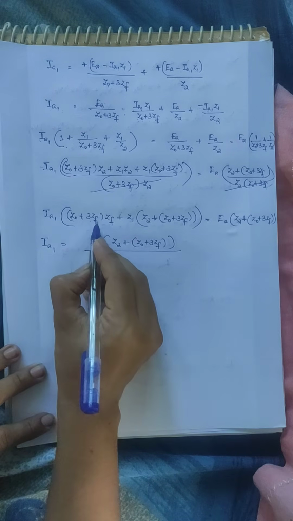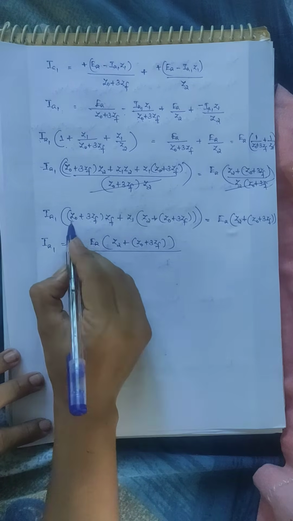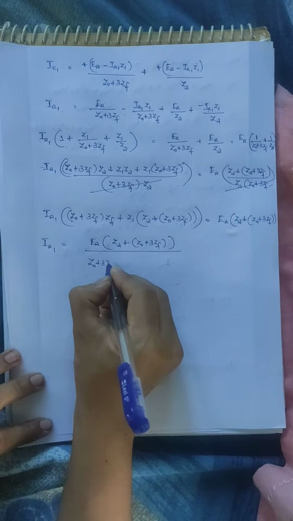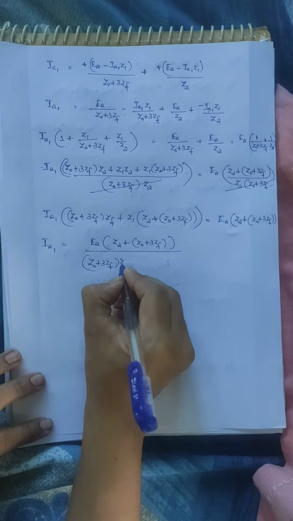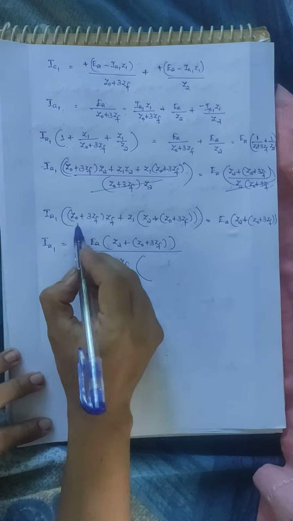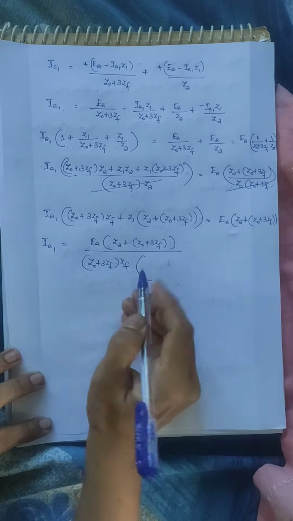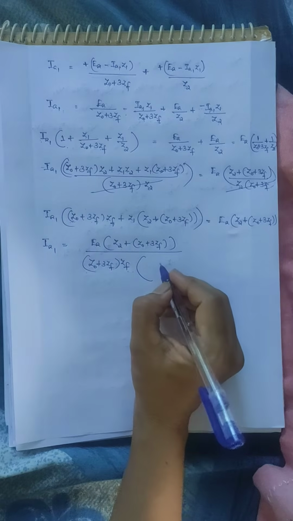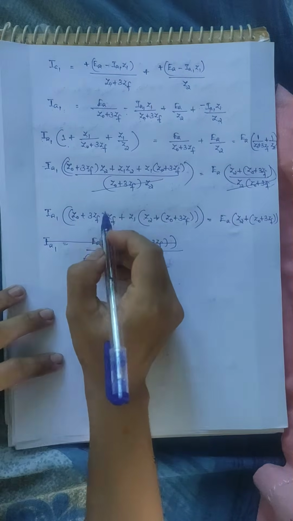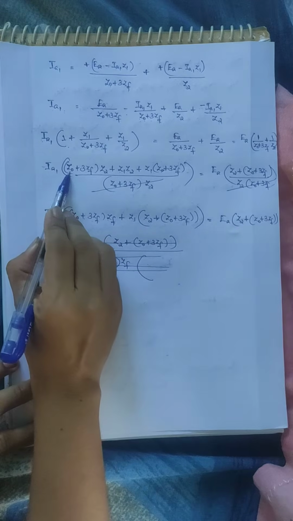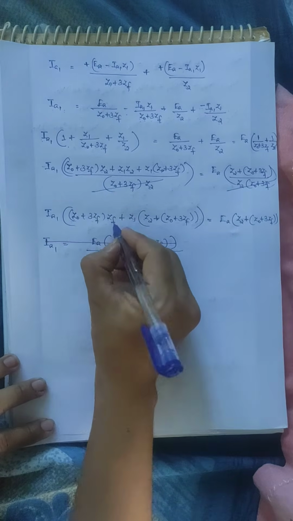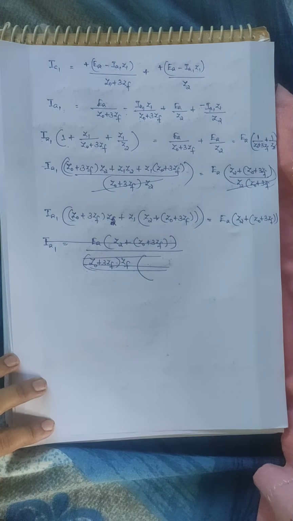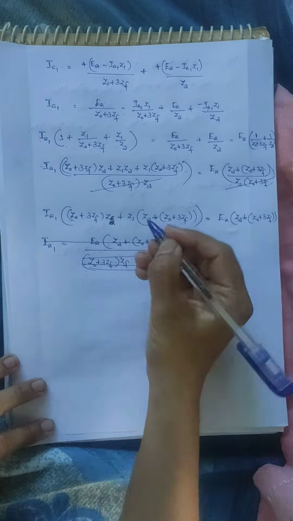Z0 plus 3ZF into ZF, let us take this as common. So denominator becomes Z0 plus 3ZF into ZF. Sorry, there is a mistake. This is Z0 plus 3ZF into Z2. So I wrote it as ZF, it is actually Z2.